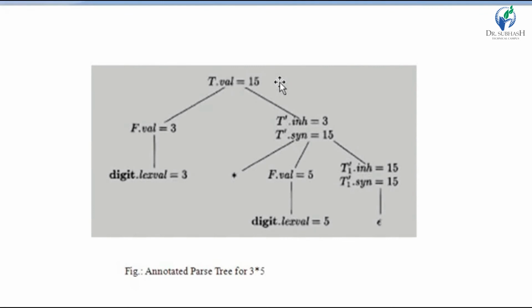In inherited attributes, values are calculated from parents or siblings, while in synthesized attributes, values are calculated from children. So synthesized attribute performs bottom up parsing, while inherited attributes perform top down parsing.